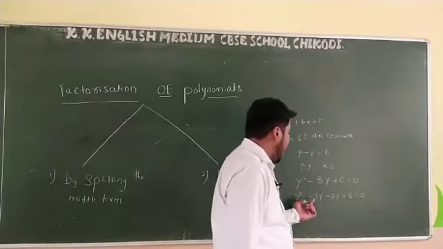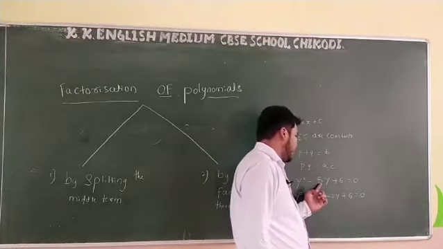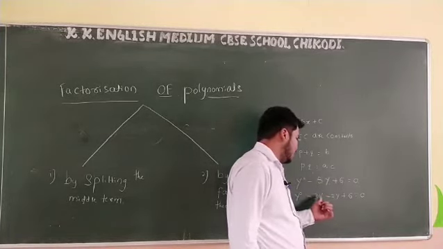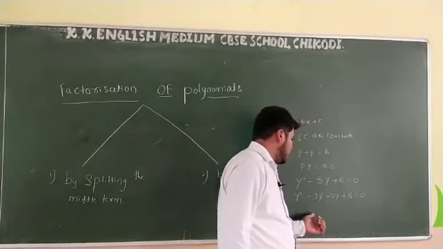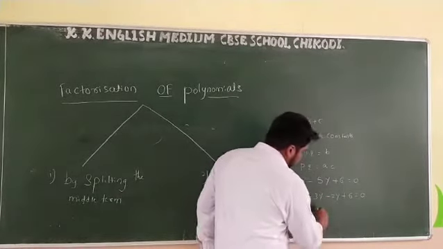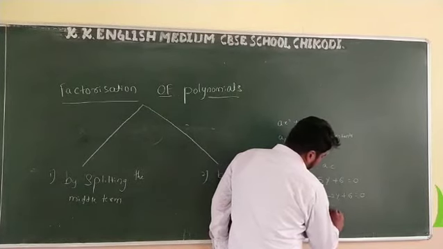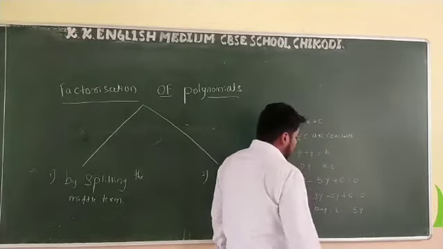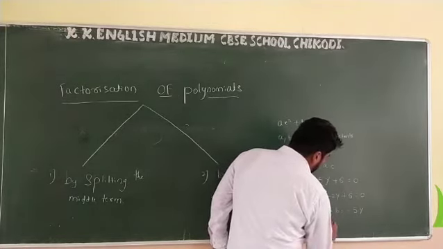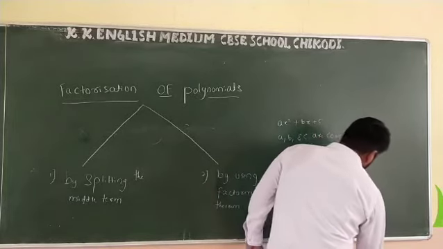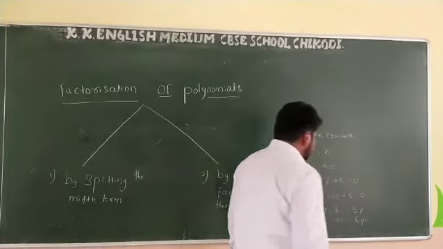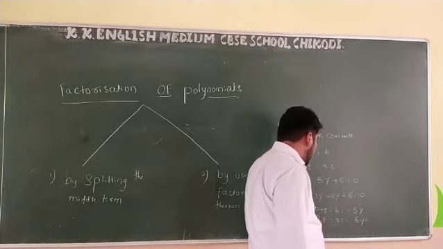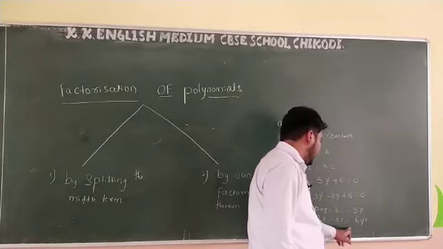If I add minus 3y and minus 2y, I get minus 5y, and the product is 6y square, since 3 into 2 is 6, y into y is y square, and minus into minus is plus. So p plus q is b, that is minus 5y, and p into q is ac, that is 6y square.